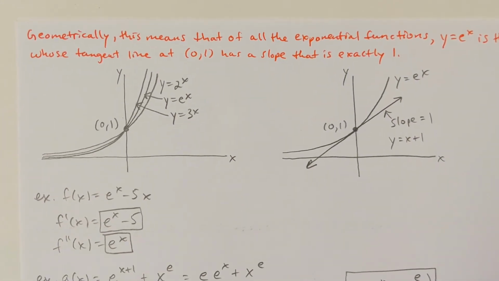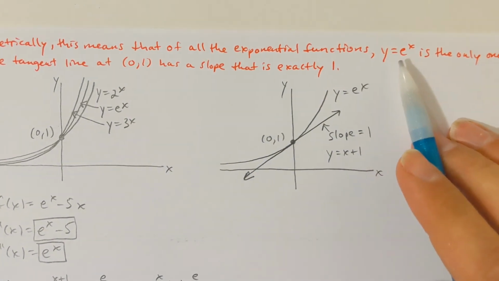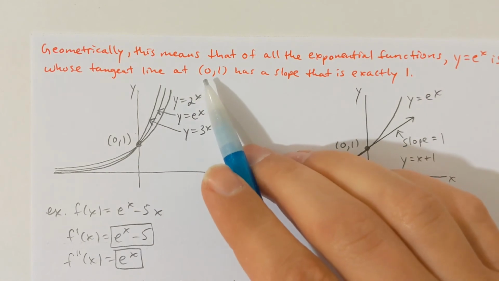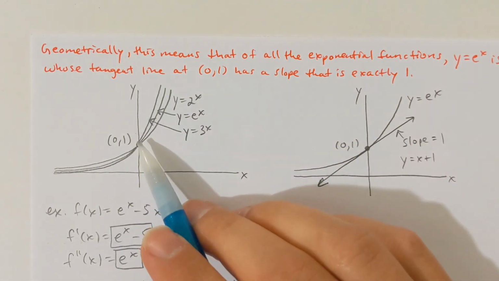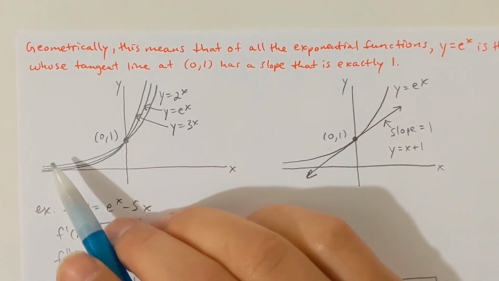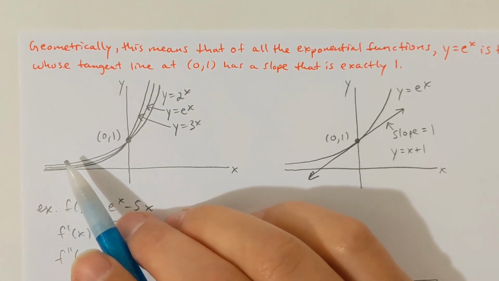So geometrically, this means that if you look at all the exponential functions, y equals e to the x is the only one whose tangent line at 0, 1 has a slope that is exactly 1. Okay, so like here's y equals 2 to the x.